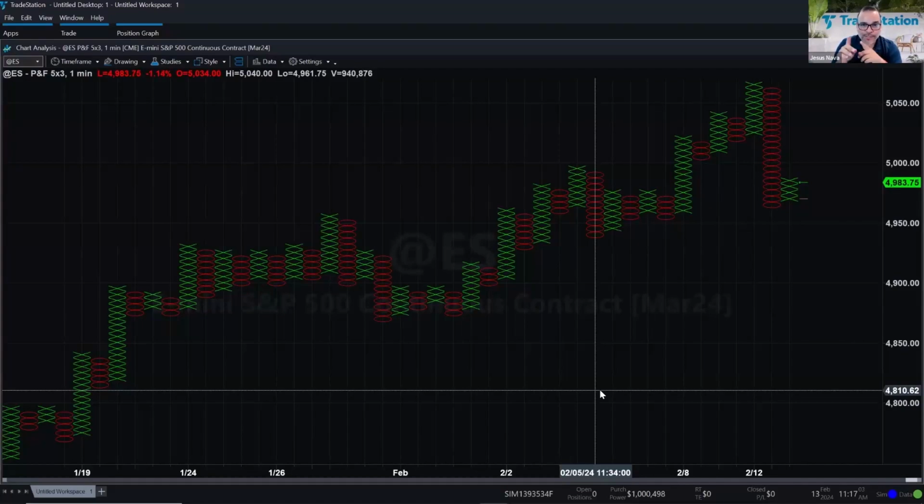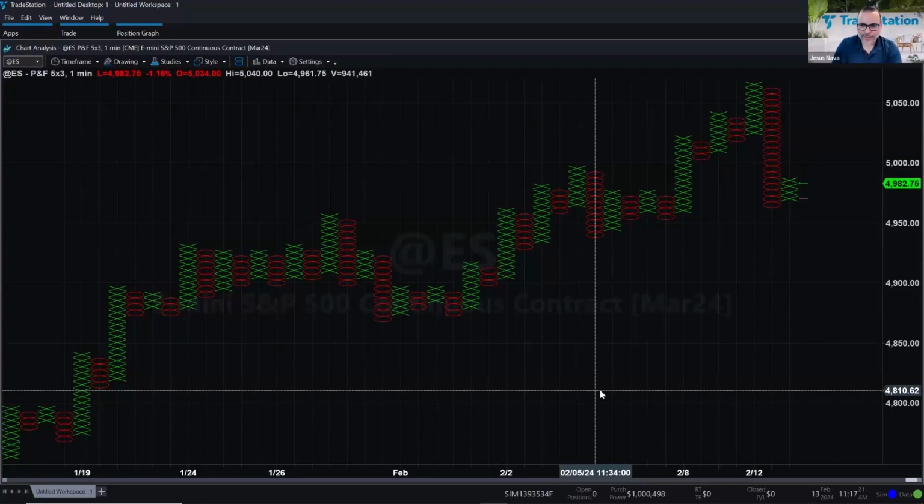Of course, when the price goes in the opposite direction, as we already said, by 15 points, that's the point at which we get the switch from a column of X's to a column of O's, or from a column of O's to a column of X's. So that determines when one column ends and the other begins.